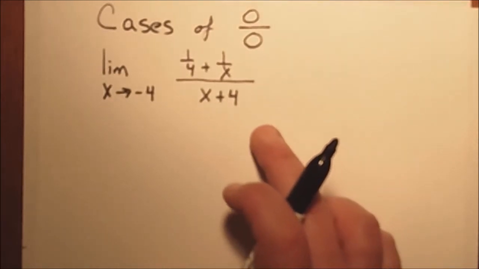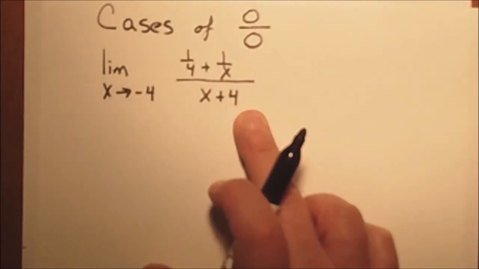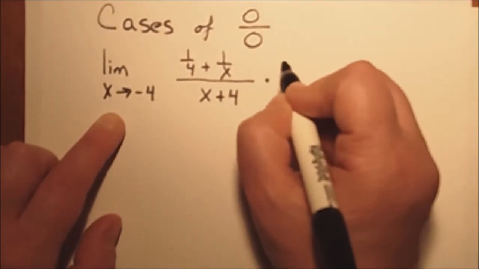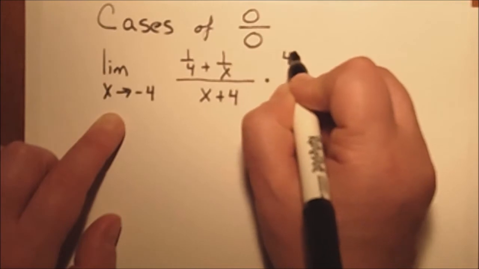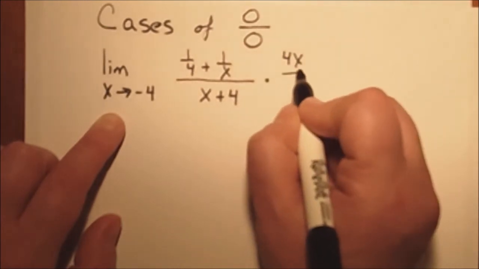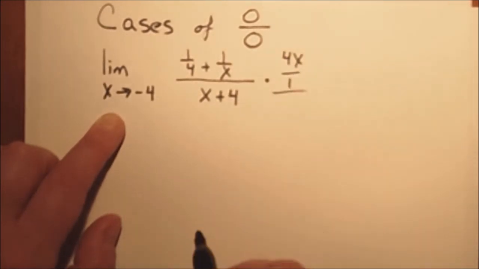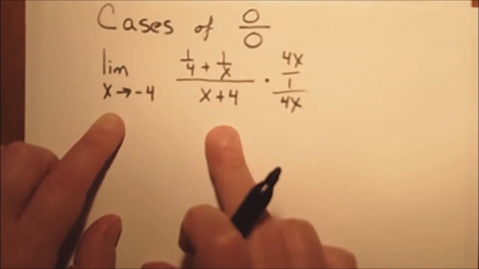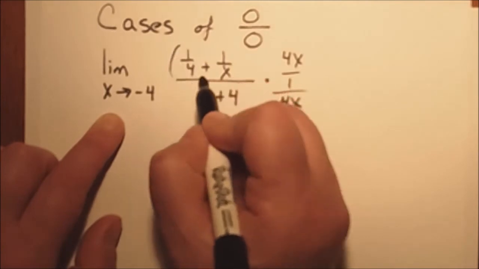So again, I'm going to multiply my expression by 1 so that I only change the appearance and not the value. So I'm going to multiply it by 4x over 4x. All right, and if it helps you, you can do 4x over 1 divided by 4x over 1. All right, so we distribute that in.